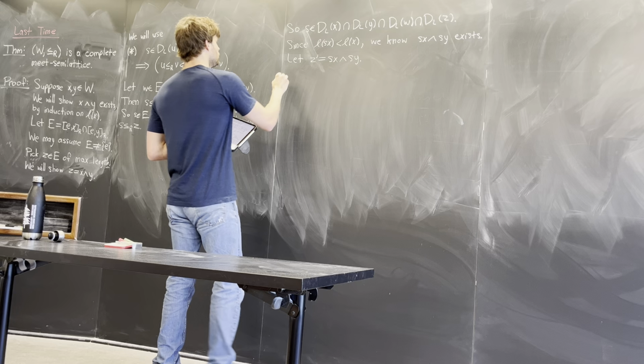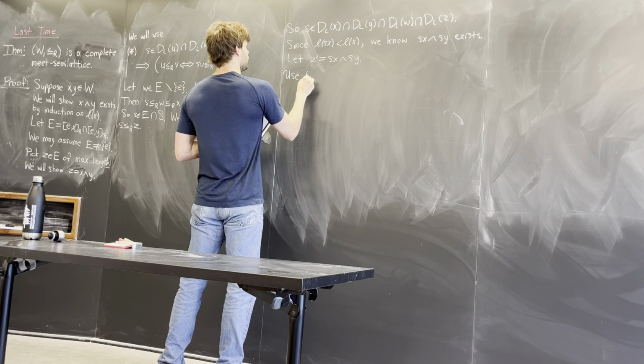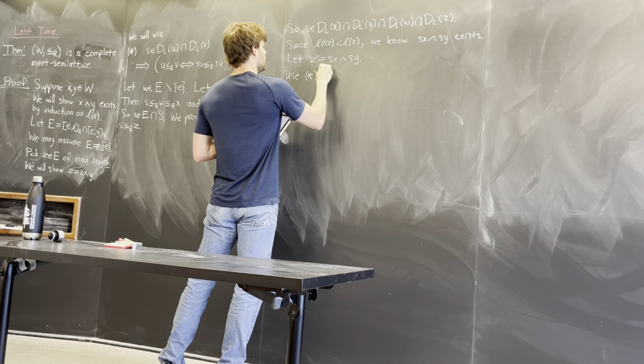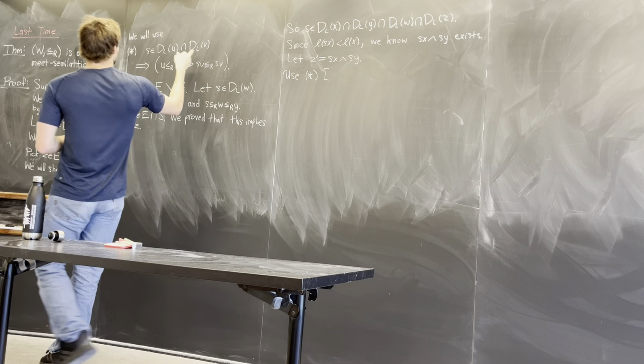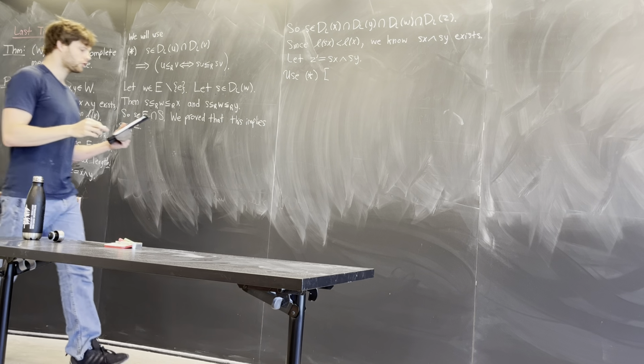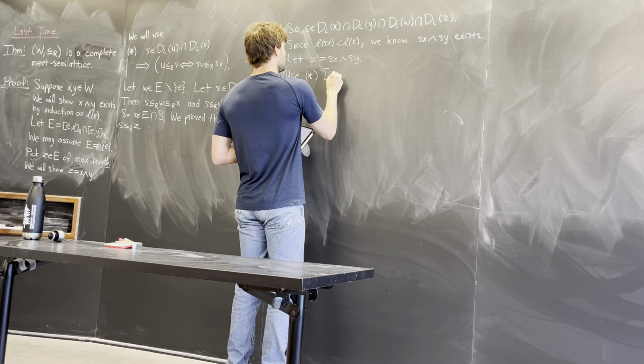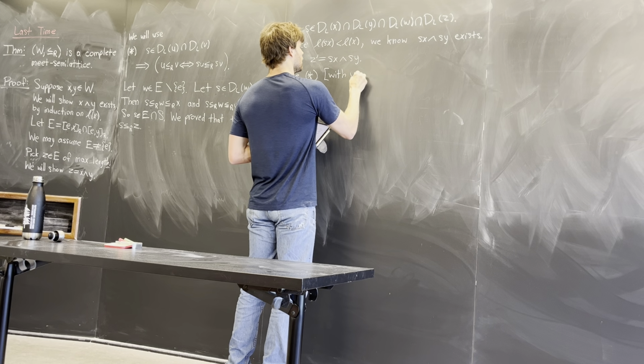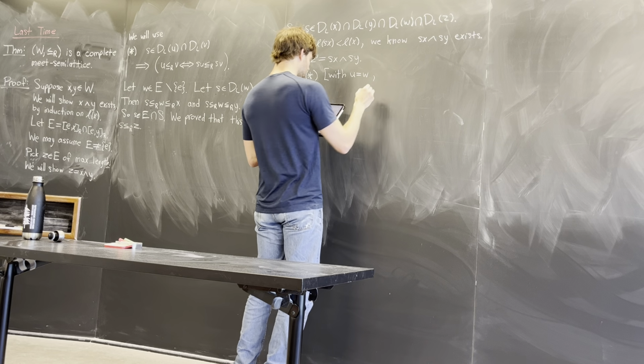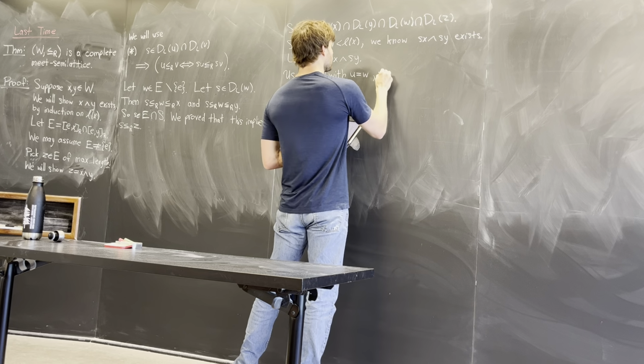Okay, so now I want to use star. What am I setting to be u and v? I want to use star with u equals w and with v equals x.